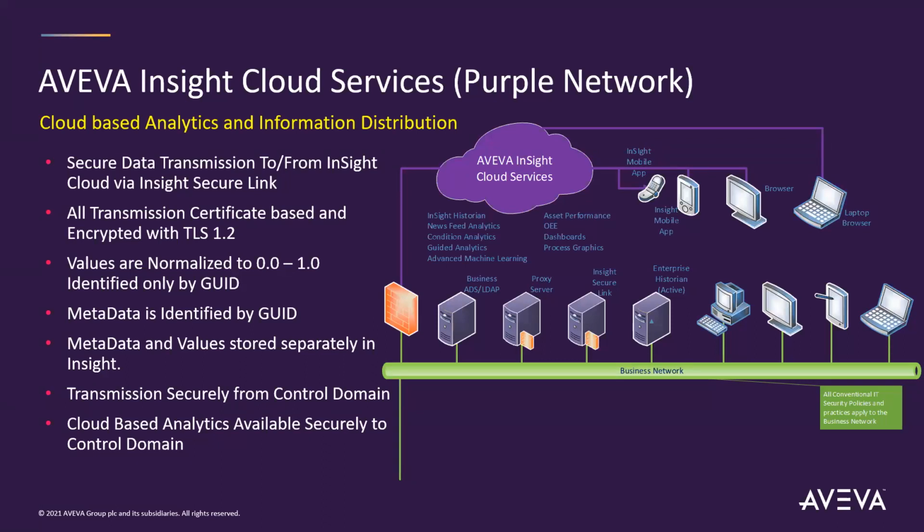The actual process data values are all reduced to a number between 0 and 1, and they're then sent to the cloud attached to that same GUID. So the two transmissions are completely independent of each other, and they're both encrypted. They're both secured with TLS 1.2, and they're both attached to certificates.